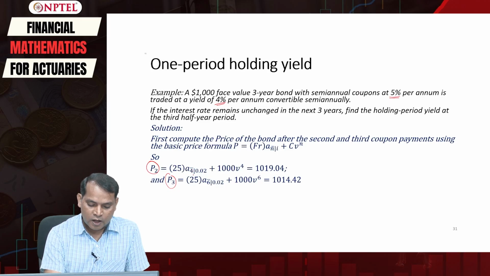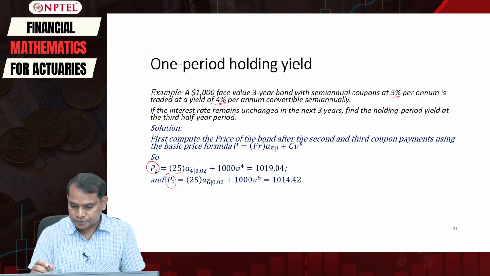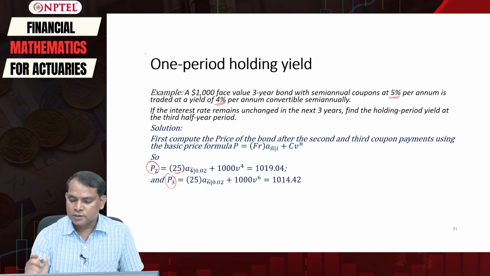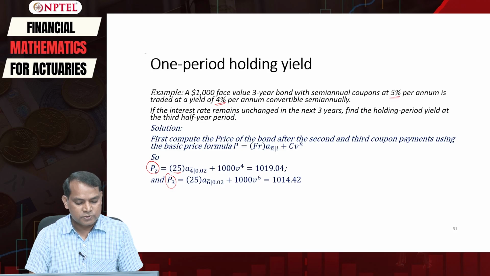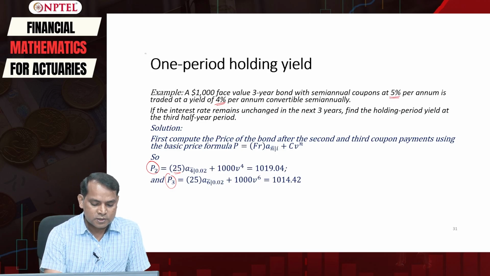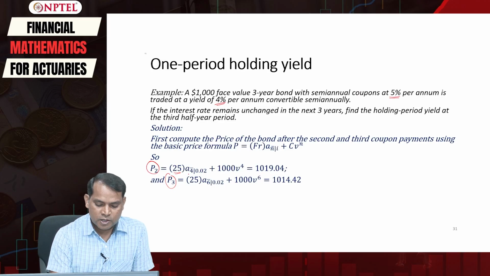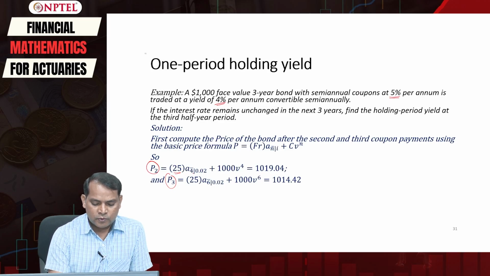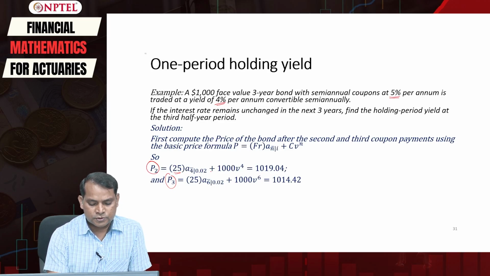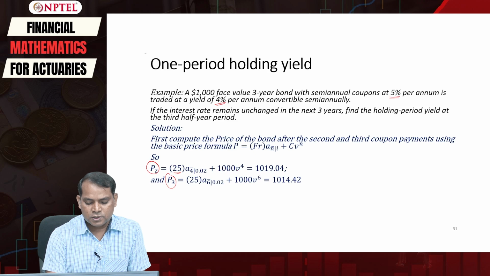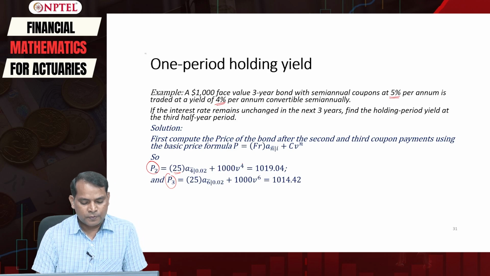Here Fr is 1000 multiplied by the coupon rate, that is 5% divided by 2, so we get Fr equal to 25. So, 25 multiplied by a angle 4 at 0.02, plus 1000 v to the power 4.